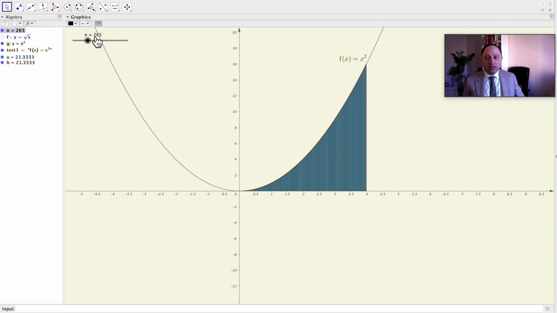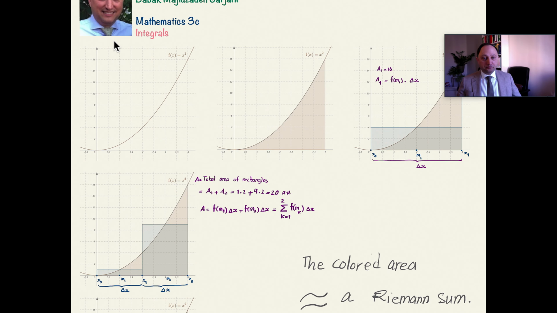So if I iterate this for 265 rectangles, up to 4 decimal places, I get exact value. Okay? And then of course you see that if I increase it, no, it's not distinguishable at all. It seems continuous.